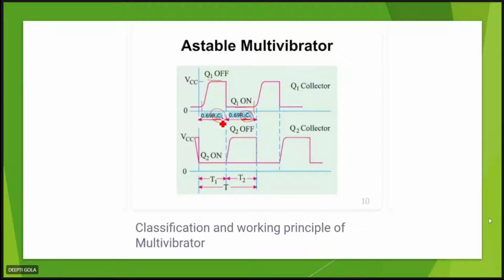So this will decide the total time period of this whole cycle. That will be equal to this plus this, because for the half cycle R1 and C2 are working, and for the other half cycle C1 and R2 are working. So this is T1 and this is T2, and just the opposite you will get for the Q2 transistor. When Q1 is off, Q2 will be on, and when Q1 is on, Q2 will be off.